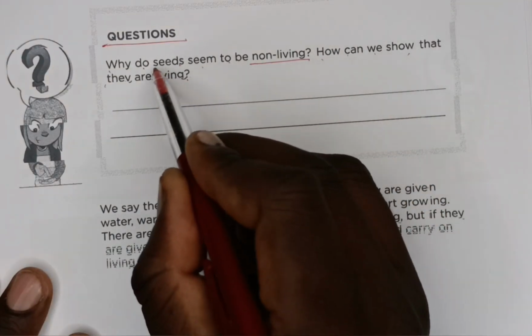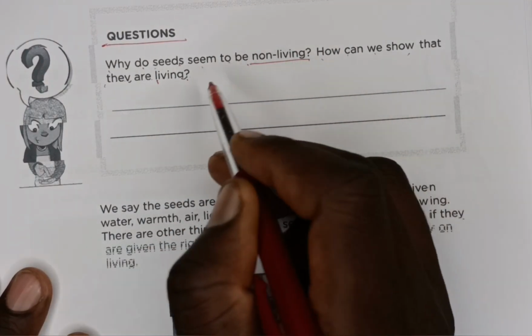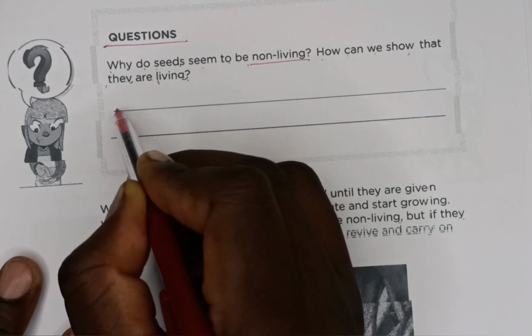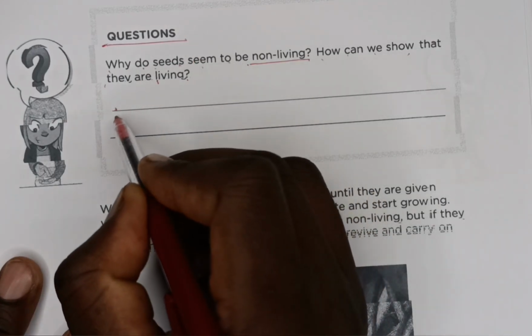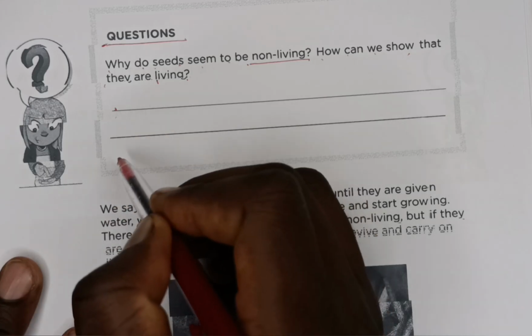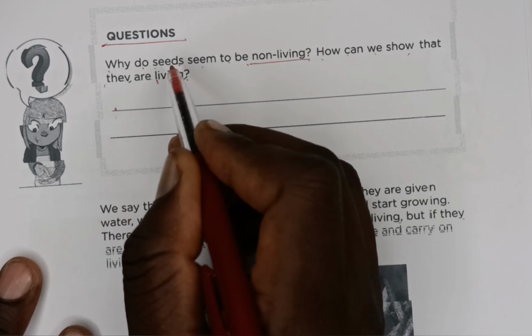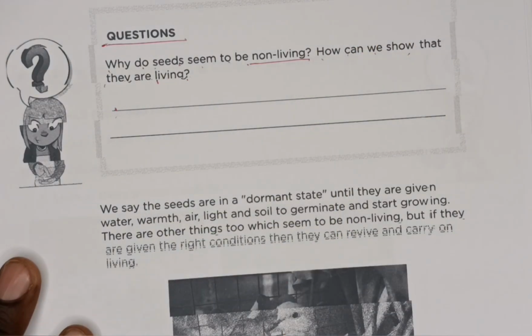So seeds seem like they are non-living, and that is because they don't seem to be moving. They don't seem like they breathe. They don't seem like they sense, but they do.